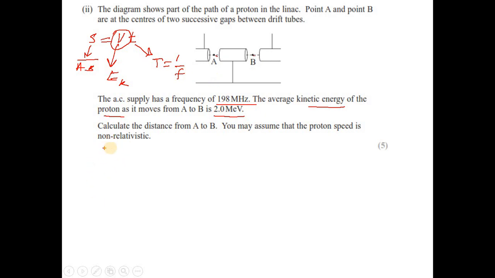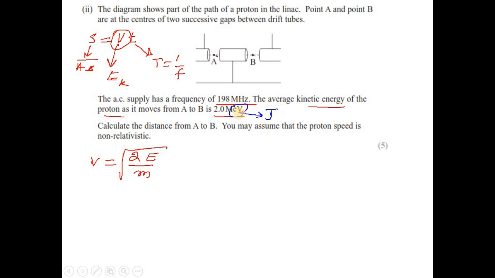So first of all, we need to figure out v, and v is equal to the square root of 2E divided by m, where E is the kinetic energy, which is 2 million electron volt. Remember, this electron volt should be converted into joule before figuring out the velocity.